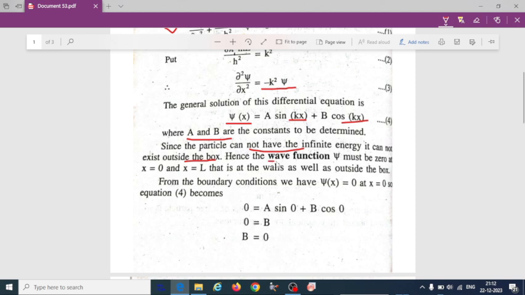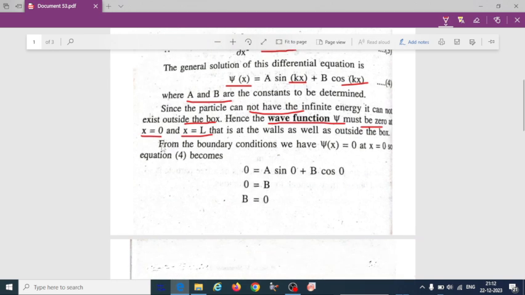So hence the wave function psi must be 0 at x equal to 0 and x equal to L. These are the boundary conditions. At x equal to 0 and x equal to L, psi is going to be 0, because the particle cannot exist outside the box with infinite energy. So then the wave function is going to be 0.